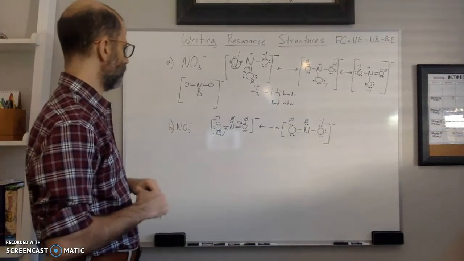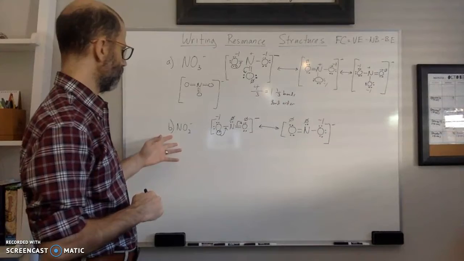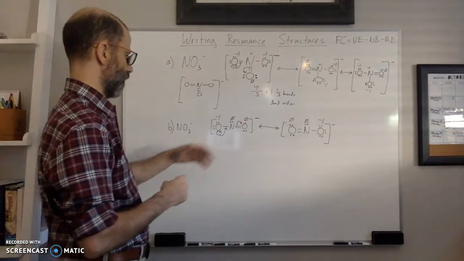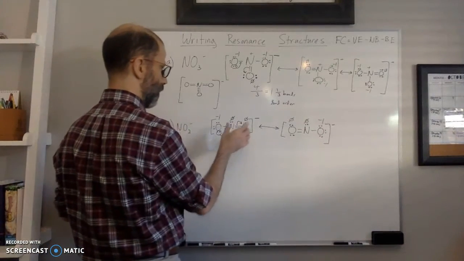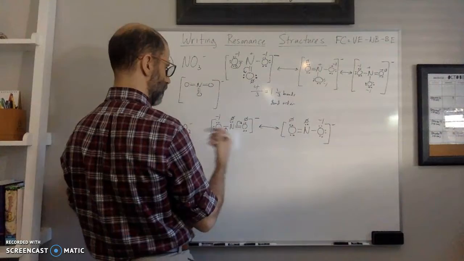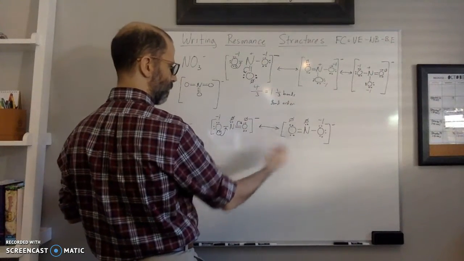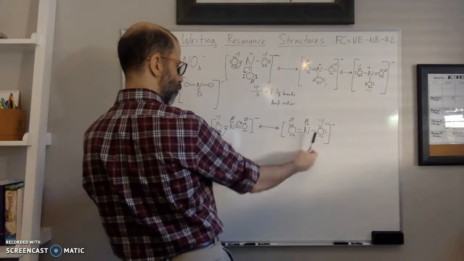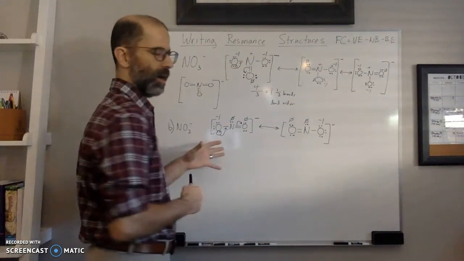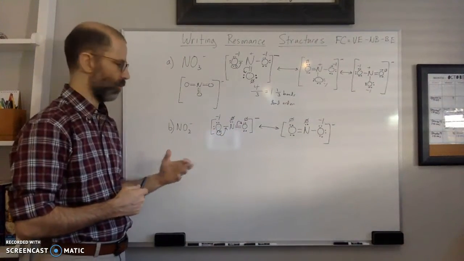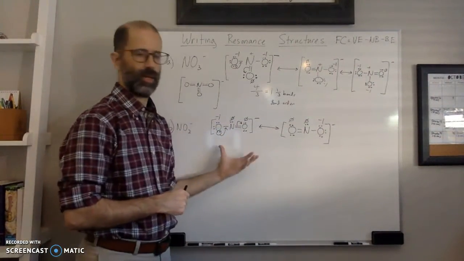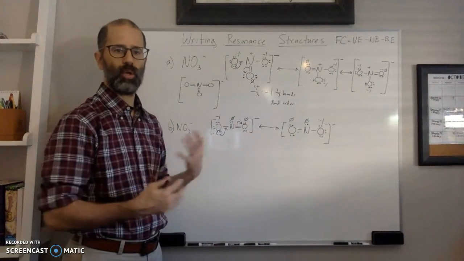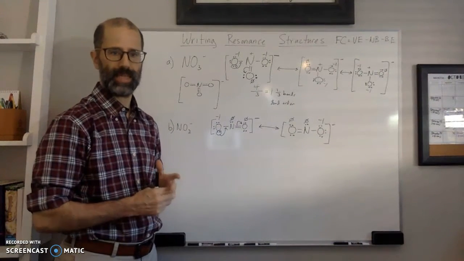What else is it I wanted to talk about? Again, with regard to bonding, it's not like this is flipping back and forth between these two. This bond really is not moving back and forth. But what I do want to stress is that what this is representing is the delocalization of electrons. That's the key thing here.